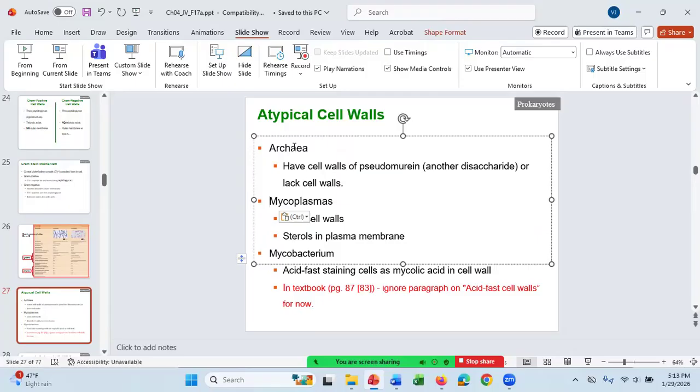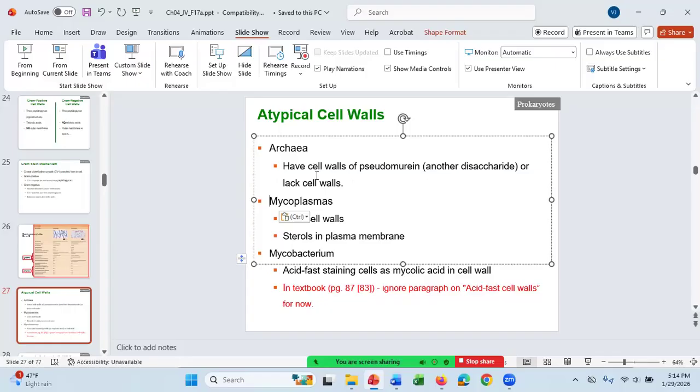Everything we've talked about is bacteria. The archaea are a different domain and they have their own cell walls. Instead of being made of peptidoglycan, it's made of pseudomurein, another disaccharide. Some of the archaea lack a cell wall. As I mentioned, some of the bacteria do. So the archaea have different cell walls. Any question about that?